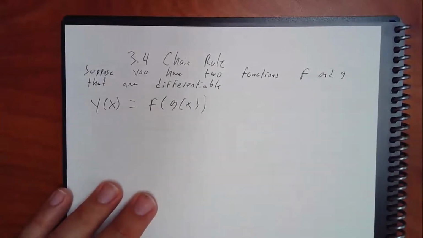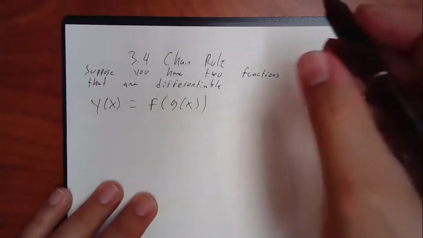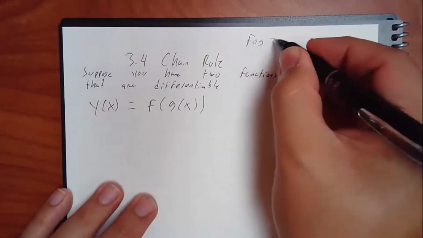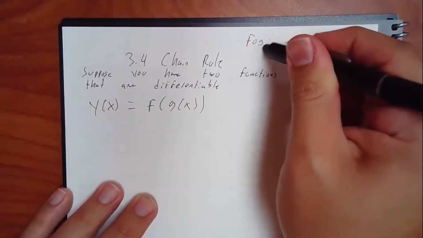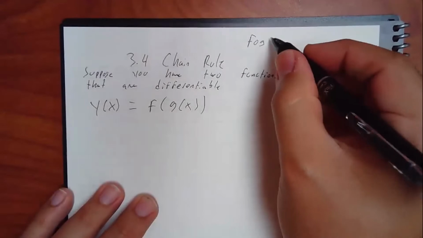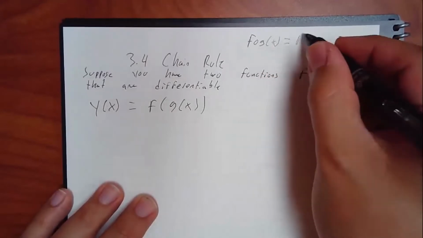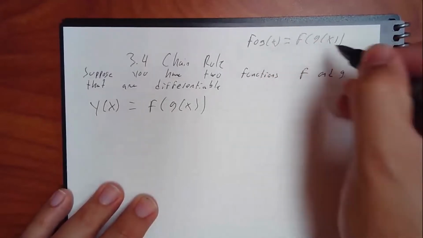So basically, you remember the composition in college algebra, right? Back in the day, f∘g of x was f of g of x, right?